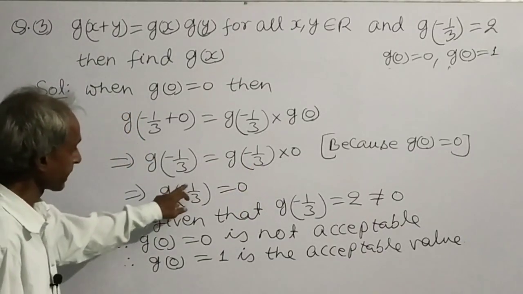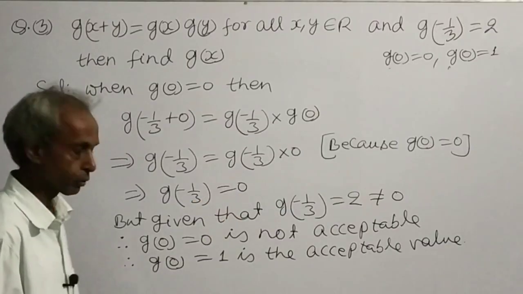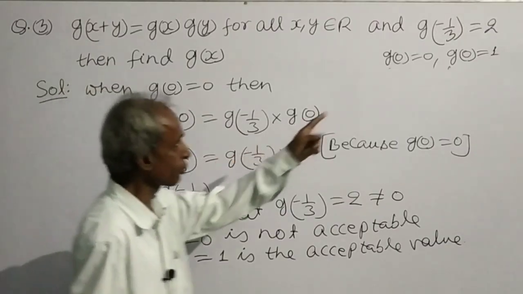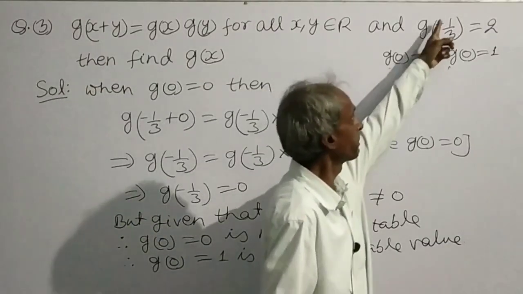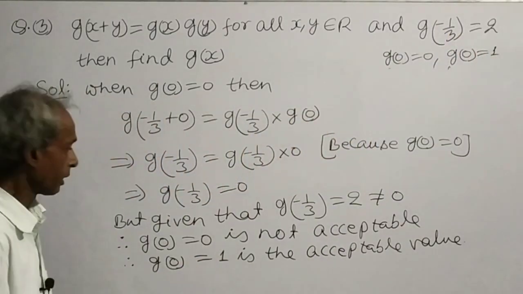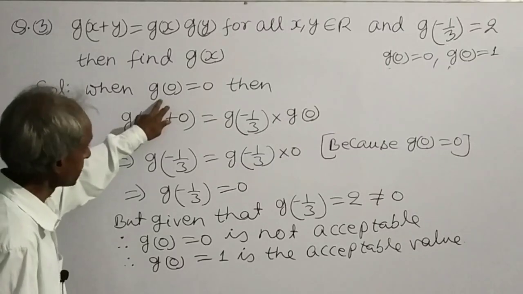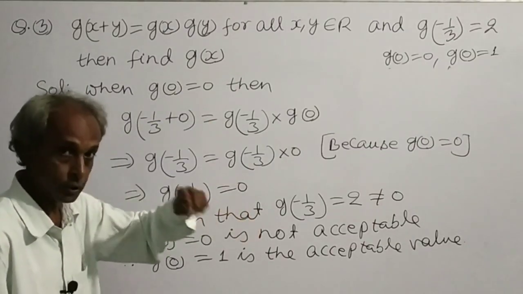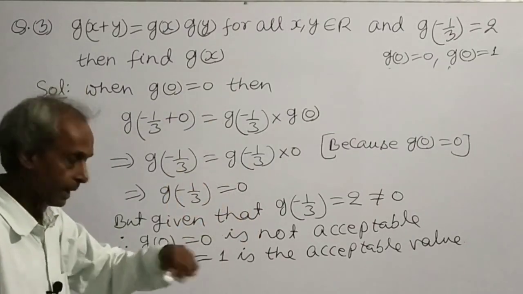That means g(-1/3) is equal to 0. But in the question it is given that g(-1/3) is equal to 2, not 0. That means g(0) equal to 0 is not an acceptable value.